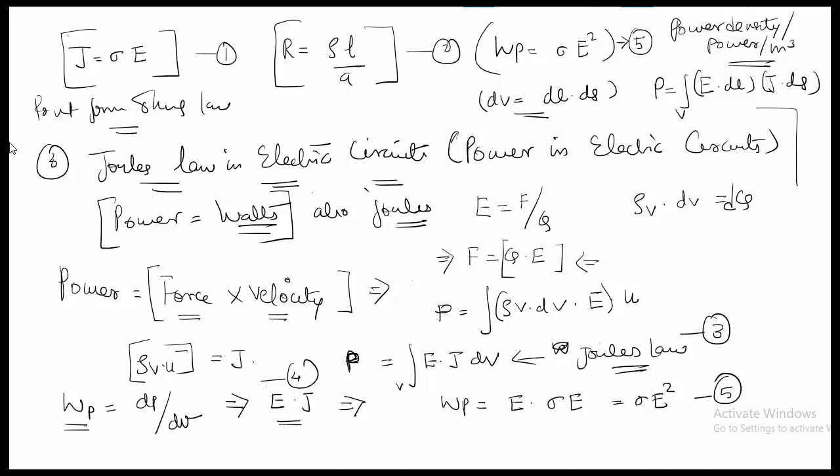So I will do a line integral, then I will do a surface integral. What is my E dot dl? It is my voltage or potential, and J dot ds is what is my current.